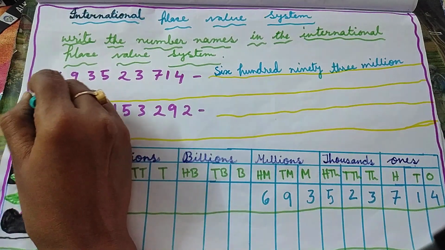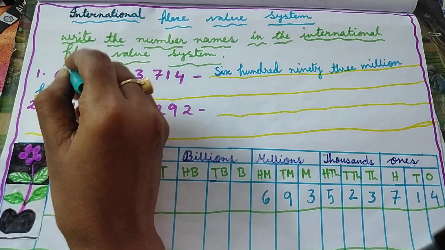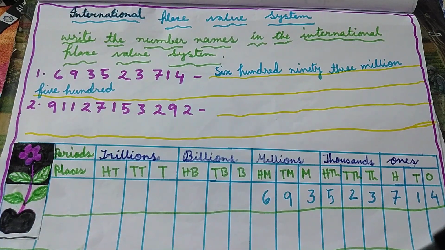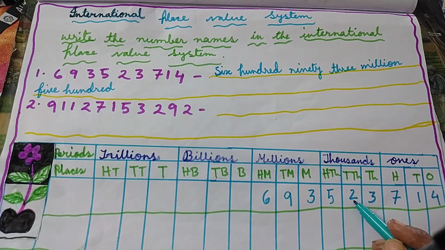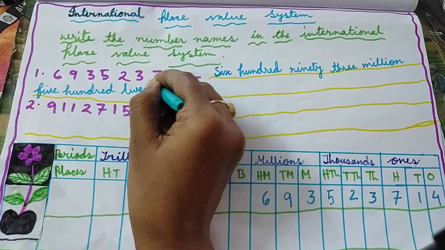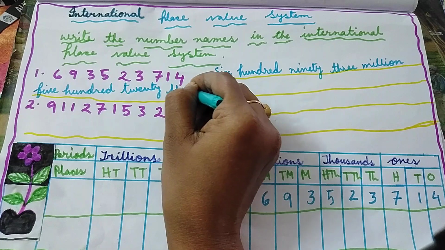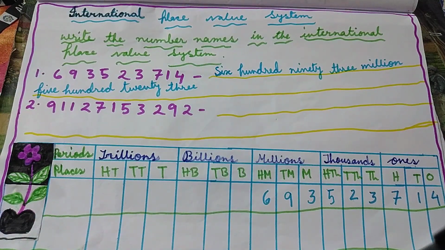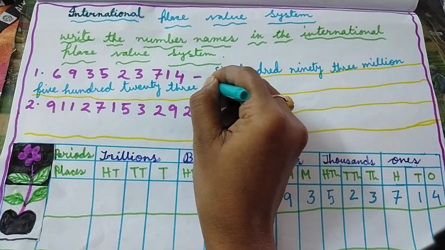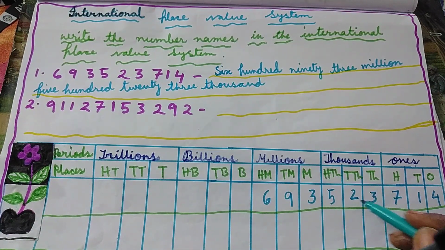Write in words. 500. 2 and 3 togetherly makes 23. 23. Then write the period. 1000. 523,000. Complete. Then go to ones period.